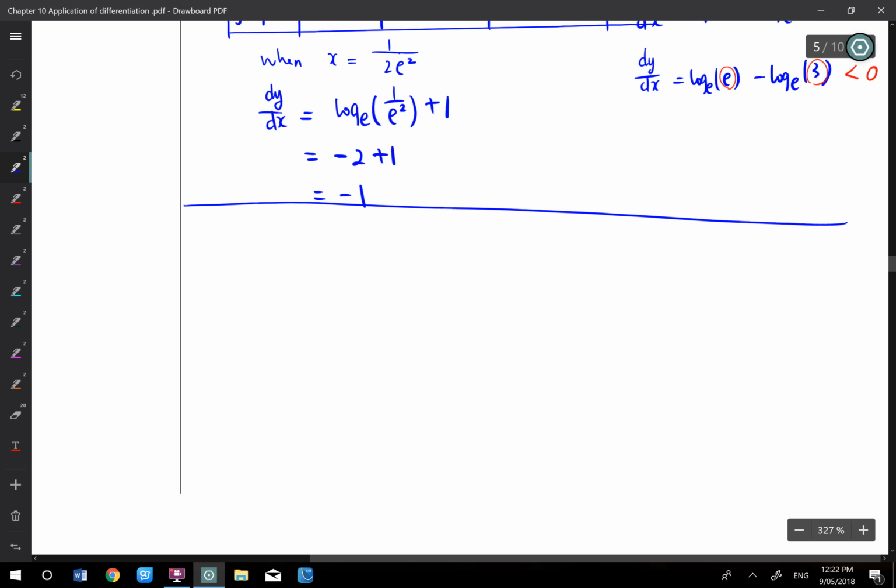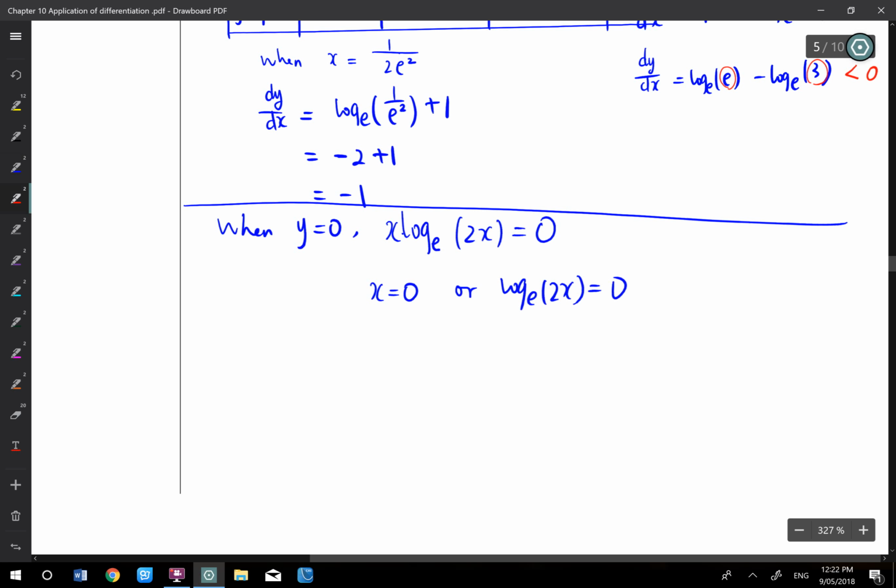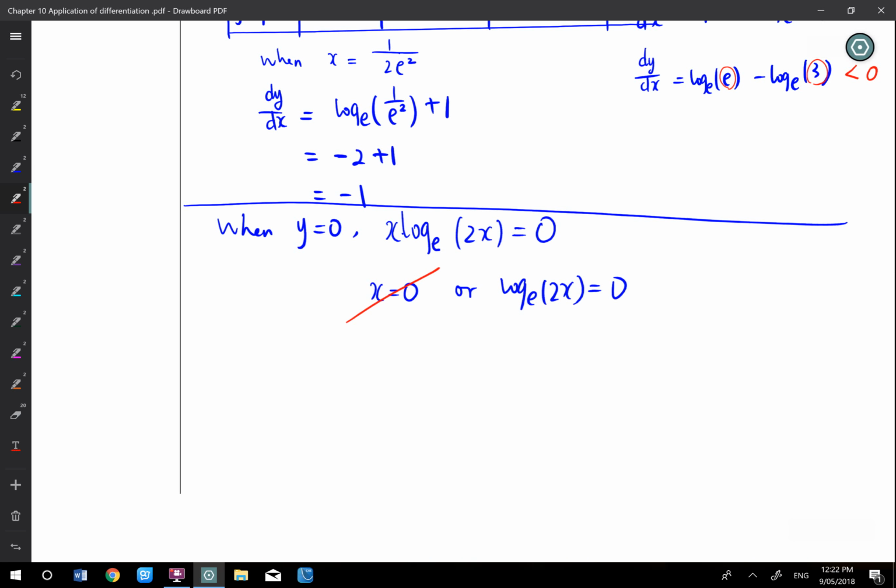So when y equals 0, x times log e of 2x equals 0. So it's either x equals 0 or log e of 2x equals 0. Well, definitely I can't have x equals 0, it's out of the domain already. So it can only be log e of 2x equals 0.